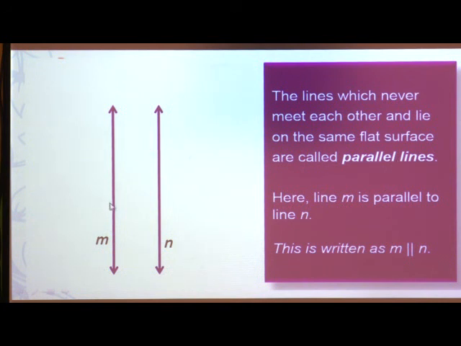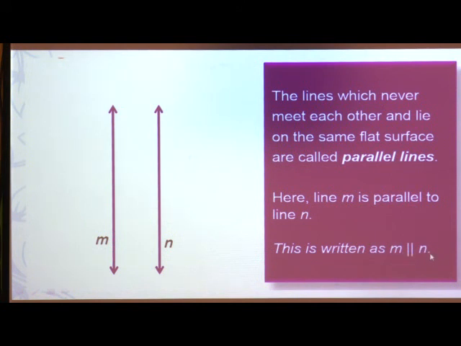Here we can say line M is parallel to line N. We can also say line N is parallel to line M. It is written as m parallel to n. This is the symbol we denote to write the parallel, and we read it as m parallel to n.